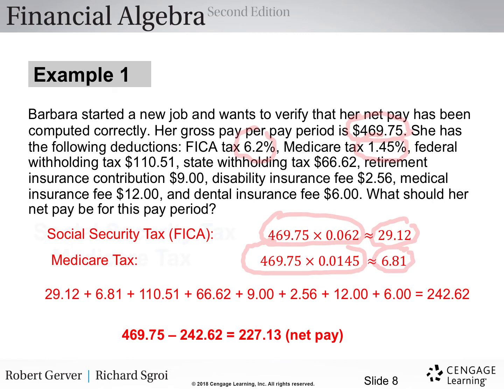Then we add up these two figures that we just calculated, the FICA or Social Security tax and the Medicare tax, along with the specific dollar amounts that are withheld for taxes, state and federal insurance and the like, and we come up with a grand total of $242.62. So we take her gross pay and subtract her deductions, and we come out with her net pay or take-home pay of $227.13.